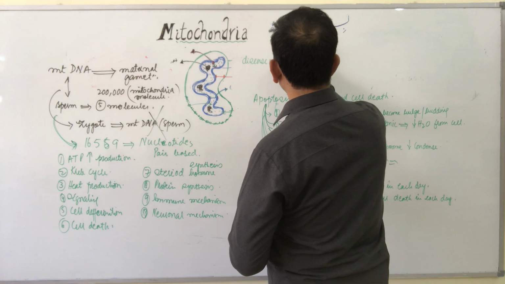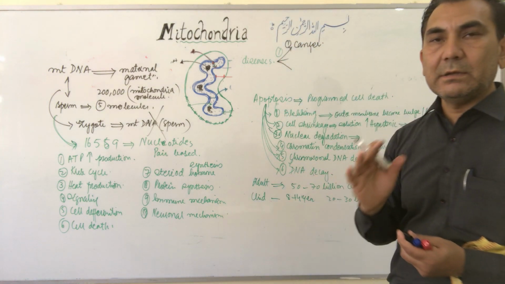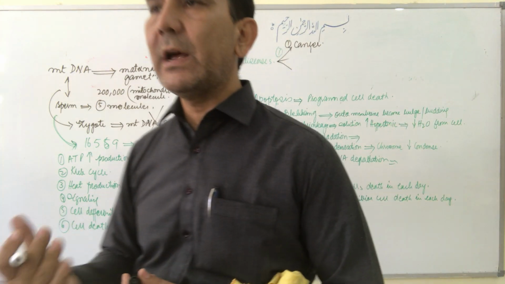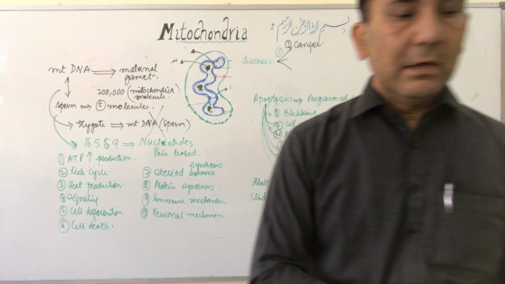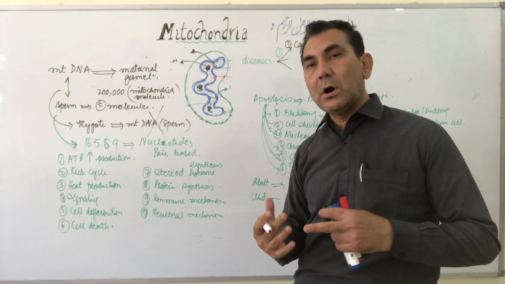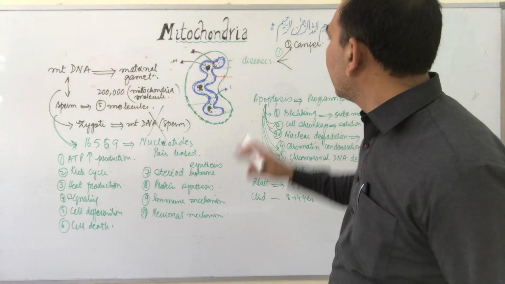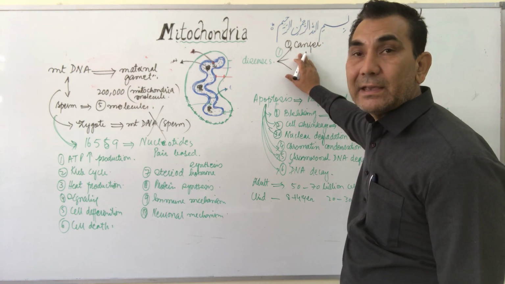As I told you, in signaling, the function of the mitochondria is to provide the signal from cell to cell. If this signal is not perceived or responded to properly, it can cause cancer.